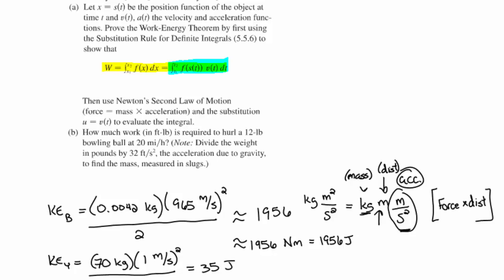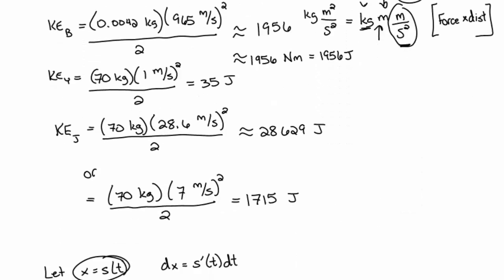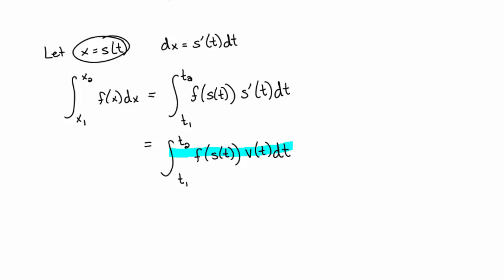And then they ask us to use Newton's second law of motion, that force is just mass times acceleration, and the substitution that u is equal to v of t to evaluate this integral. So just for the sake of our knowledge base, recall that force is equal to mass times acceleration.